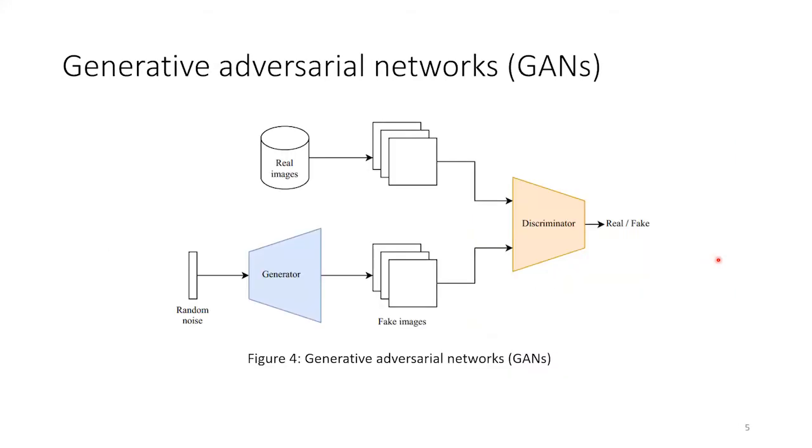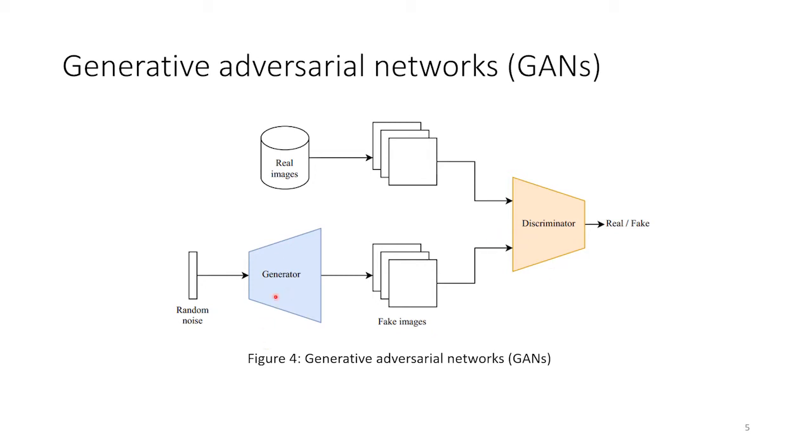One more thing to talk about is generative adversarial networks. For anybody who works in the domain of image processing, I think you have already heard about generative adversarial networks, or GANs, and now they are applied in many other fields as well. The rule is very simple. You have two networks in this system.